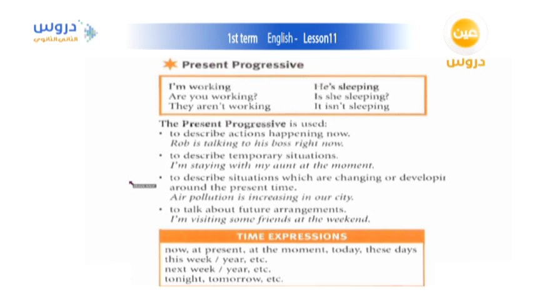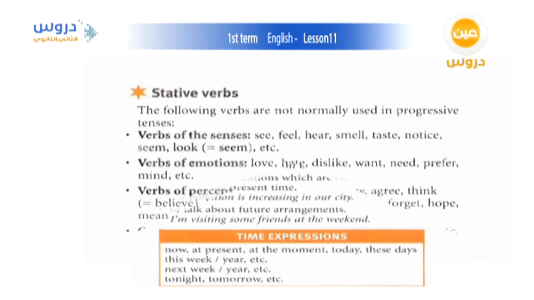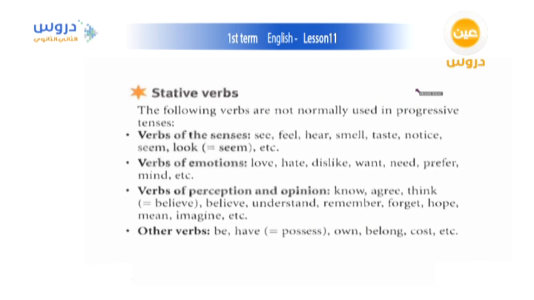Or, I'm planning to visit my uncle next week. It's between the present progressive and the future. All right? It's in the middle, in between. Okay. Now let's move on to do some exercises so I can know that you understand this.